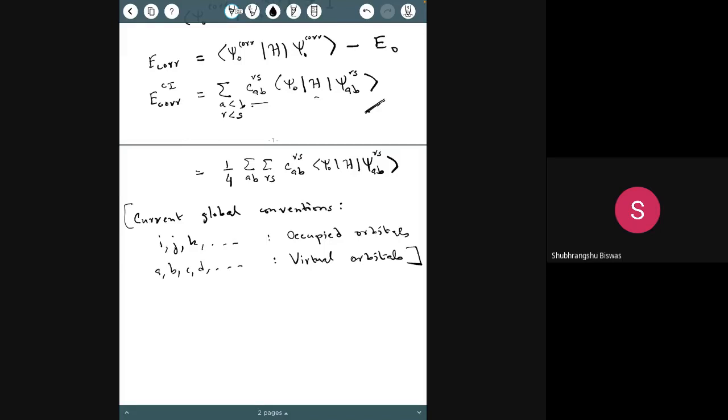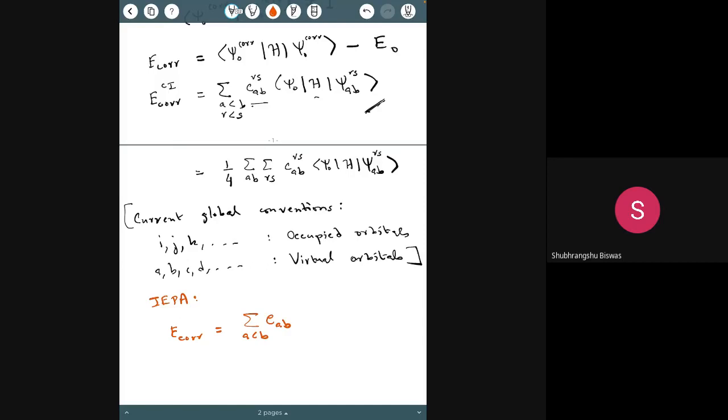Okay. Now looking at this expression, since the energy expression at least only involves the pairs, if we ignore for a moment how we determine the coefficients, we can write the correlation energy as a sum of certain pair correlation energies.